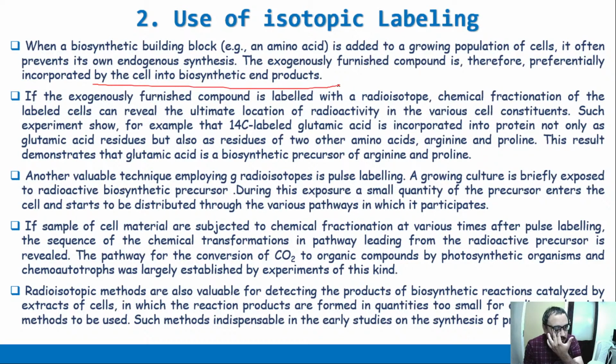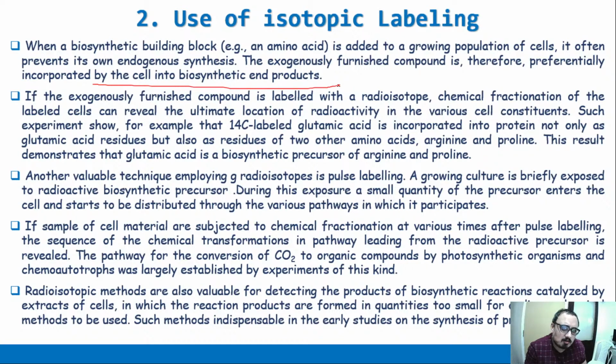So we can use radioactive labeled carbon instead of regular carbon atoms, which is incorporated into protein, not only as glutamic acid residues but also in the two amino acids arginine and proline. This result demonstrates that glutamic acid is a biosynthetic precursor of arginine and proline.